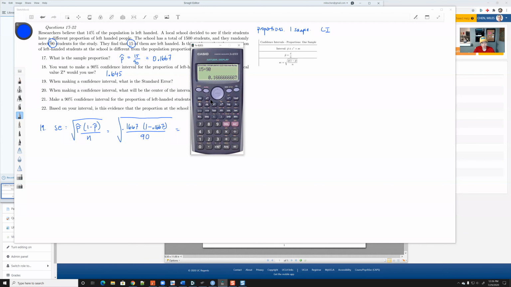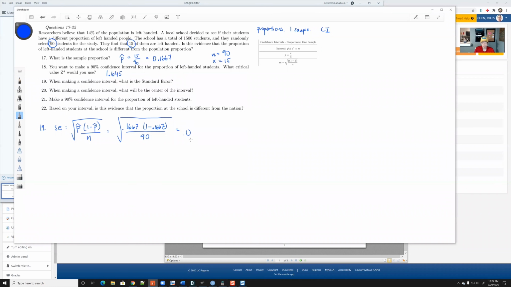All right, so let's go ahead and do this. We're going to do 0.1667 times 1 minus that, and we're going to divide by 90. And I get 0.0393. So that's my standard error.